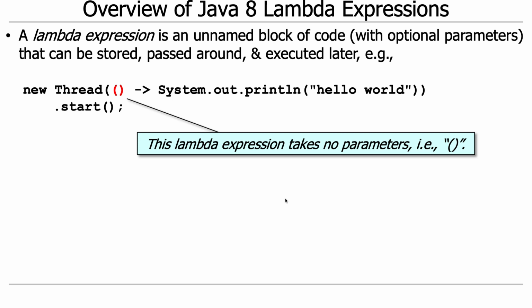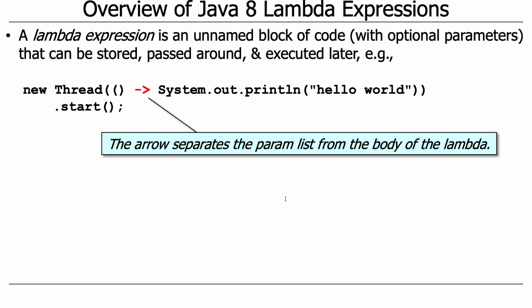The first thing you see is this somewhat weird syntax where we say open-closed paren, and that simply says that we're about to define a Lambda expression, an unnamed block of code, that takes no parameters. So open-closed paren just means no parameters are going to be used here.